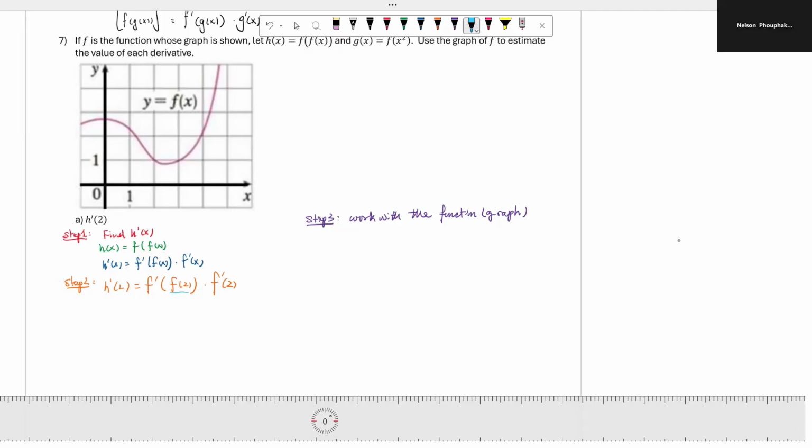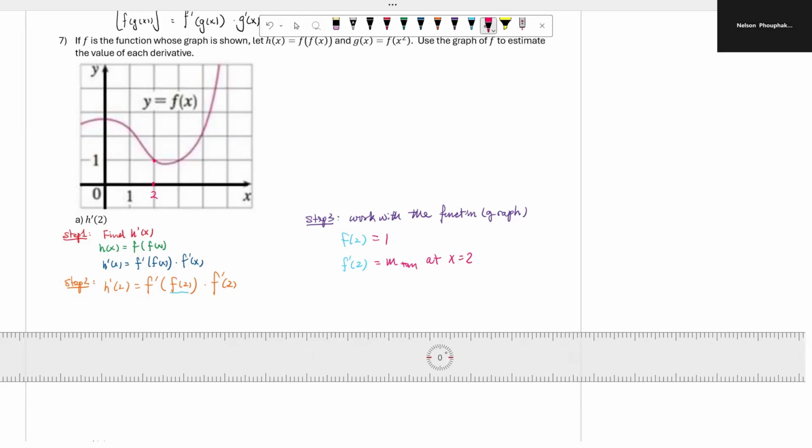We need f of 2 and also f prime of 2. Of course, f of 2 is when x is equal to 2, then my output is 1. So f of 2 is equal to 1. And remember, f prime of 2 is the slope of the tangent line at x equal to 2.